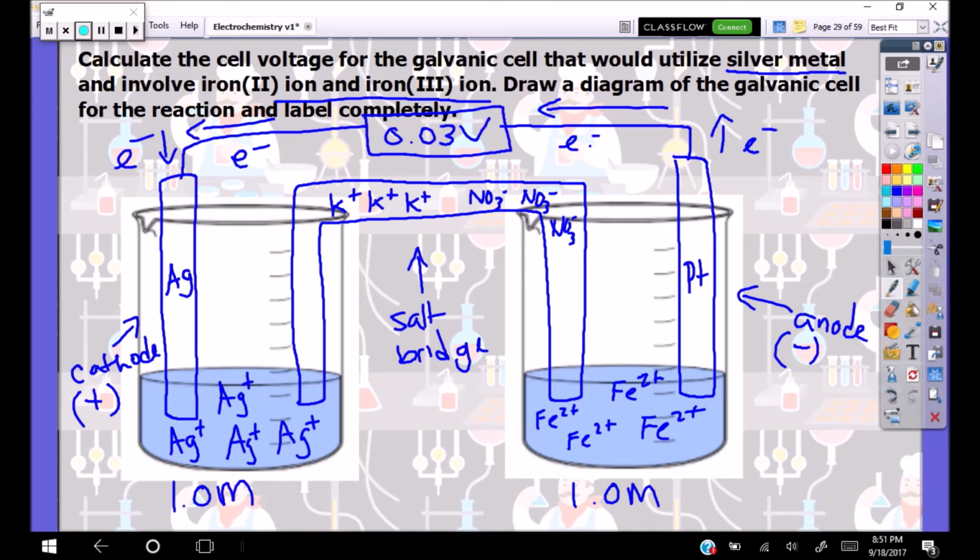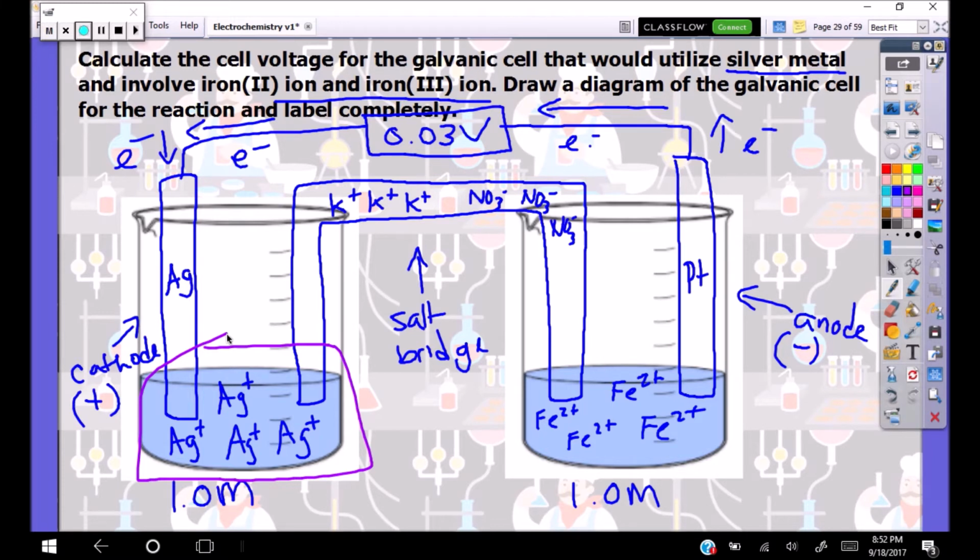Now, what's actually happening here once we get started is really, really cool. As electrons are flowing from the platinum anode to the silver cathode, it means that negative charge is flowing into this solution here, where we have all of these silver ions. These things are getting neutralized.